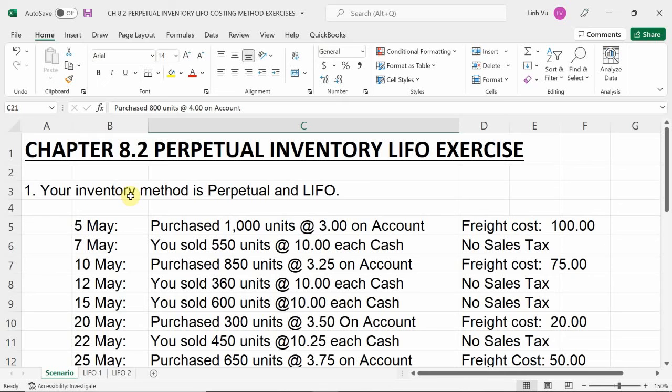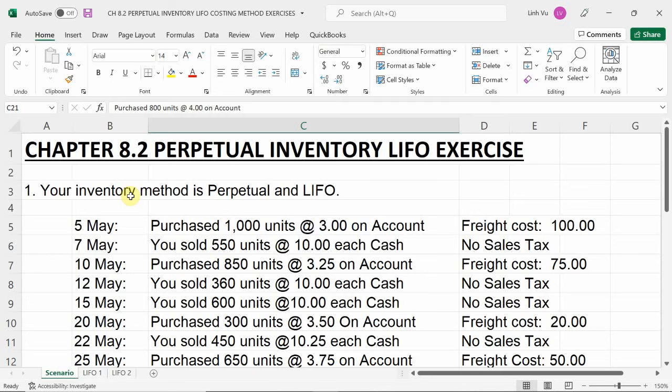So what I'm going to do here is, because we've seen how to use the inventory worksheet, I'm going to start eliminating a few things to lessen the clutter in our worksheet. So then it's much more concise, clean, and not too distracting, okay? So let's go ahead and dive into our example here.